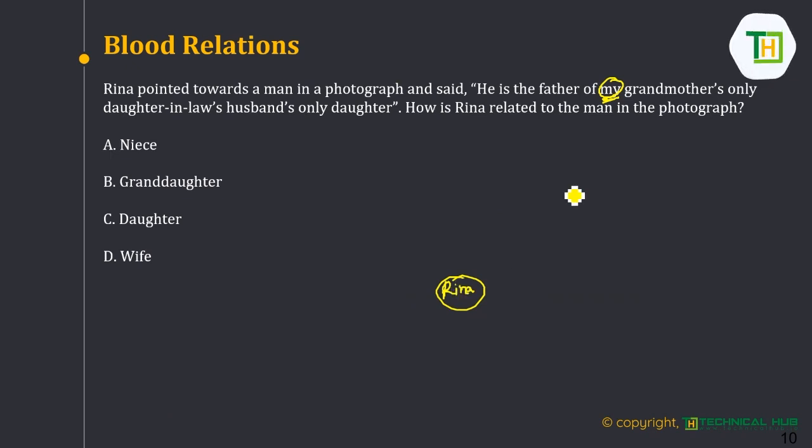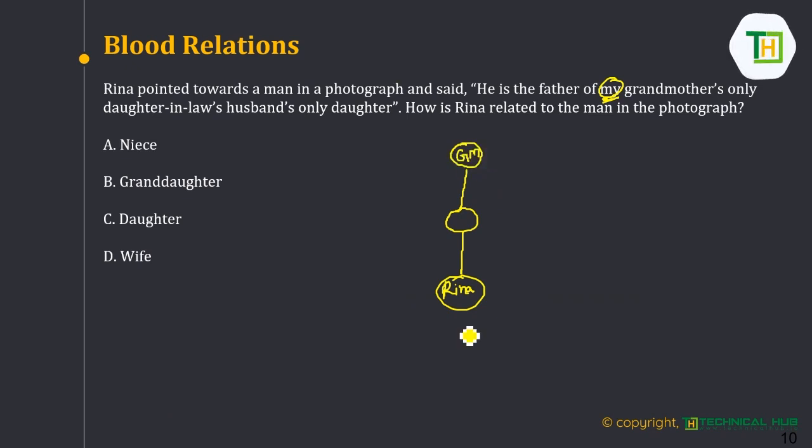So Reena's, once read that sentence: Reena's grandmother's only daughter-in-law's husband's only daughter. So Reena's grandmother: this is Reena. Here, the mother or father's mother is taken as grandmother. So this is the grandmother.